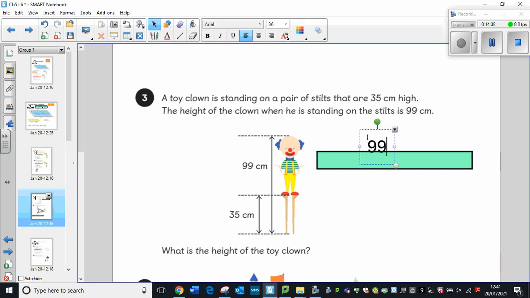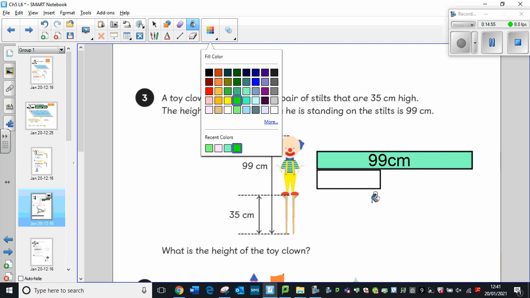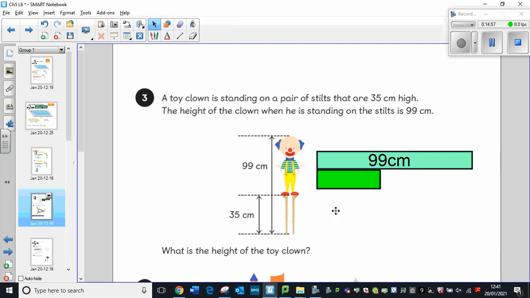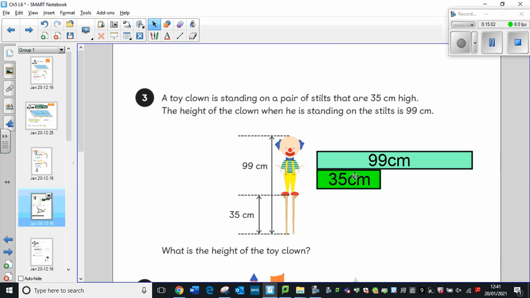Well, he was 99 centimeters, wasn't he, when he was standing on the stilts. Now, we don't know how high the clown is, but we do know how high the stilts are. So I'm going to draw another bar just underneath to show the height of the stilts. So I know the stilts are 35 centimeters.